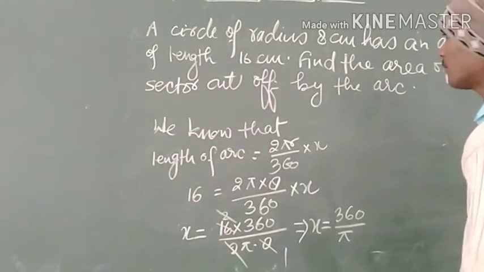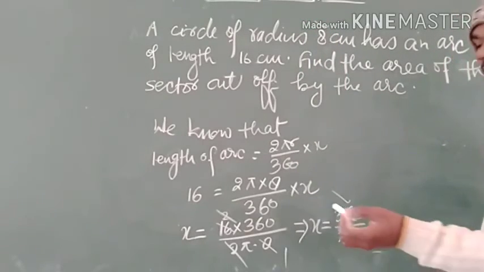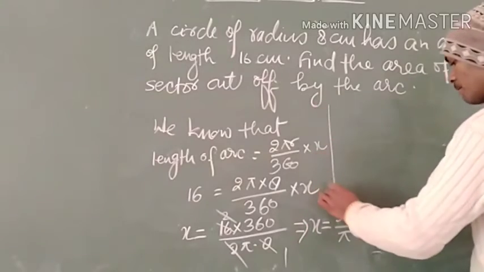Now here we have the radius and the sector angle, so we can easily find out the area of the sector.